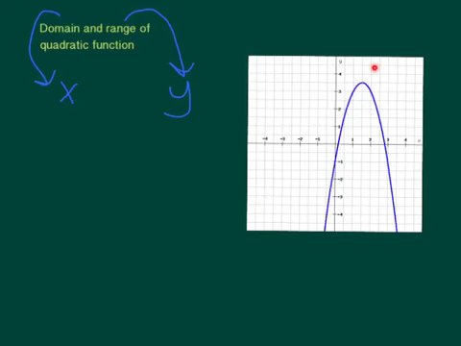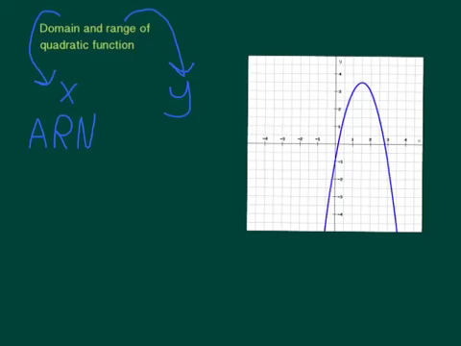For a quadratic function, the domain is the x's that satisfy this function, the x's that this function reaches. Now, these two lines continue until infinity. They go further and further along. I can plug any x I want into a quadratic formula. So my domain will always be all real numbers for a quadratic function.